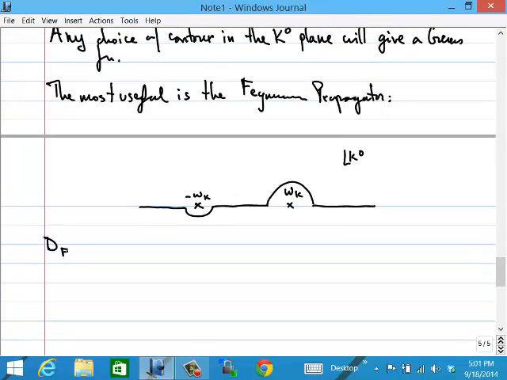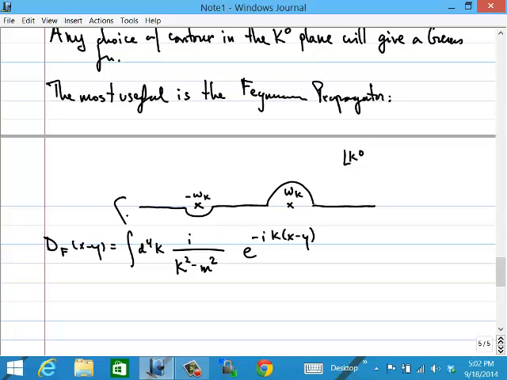So this Feynman propagator is again just the integral d⁴k. Traditionally there's a factor of i that's just inserted for future convenience, over k² minus m², times e^{−ik(x−y)}, with the prescription that we use this contour of integration.